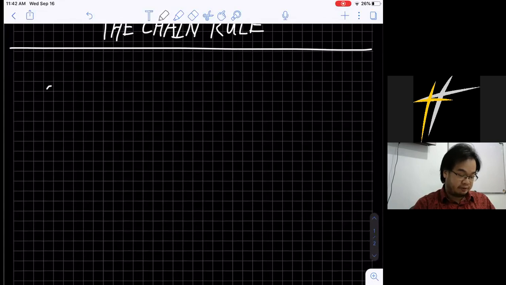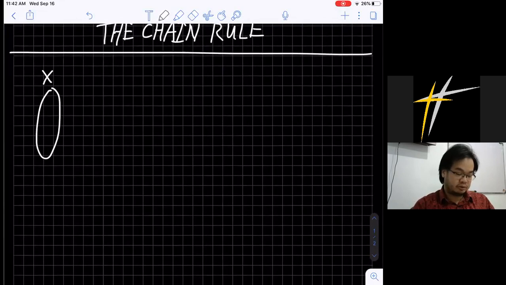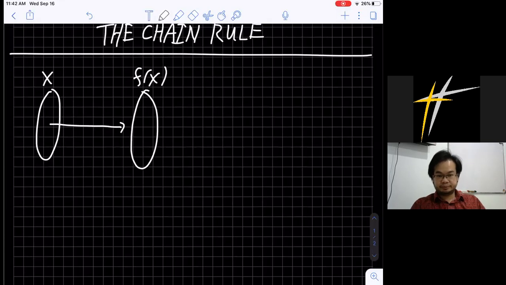Let's say that I have a value of x as the independent variable, and this x I use as an input for a function f(x).